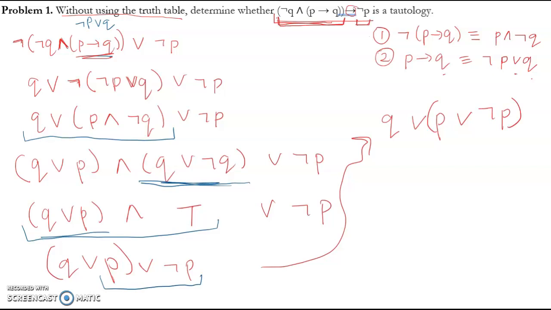Now this part is another T, so I have Q or T. Again, Q or T just takes on the Q part. Because we are solving this under the assumption that P and Q are true, we ended up at something with a true value, so therefore we have proved that this is a tautology.